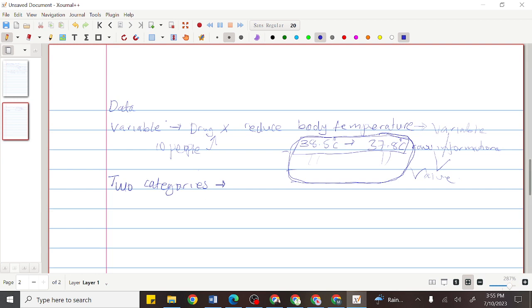One being the qualitative data, and the second being the quantitative data. Okay, so these can be the broad categorization of data. So let's look at each of these.